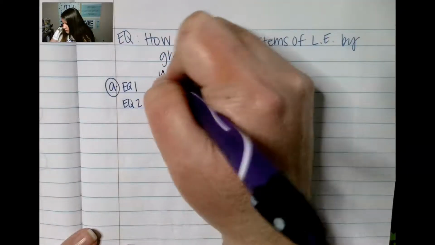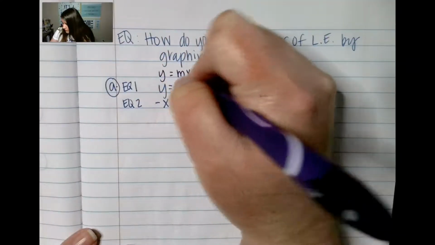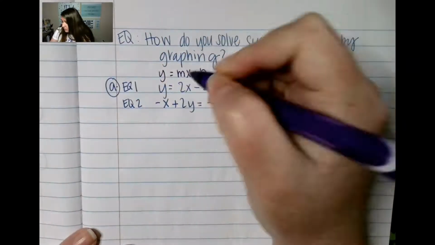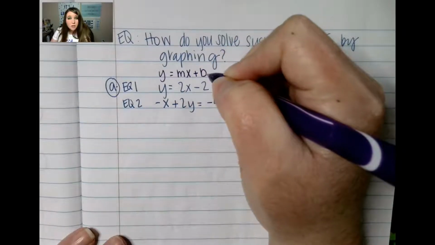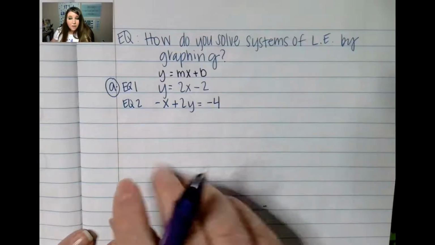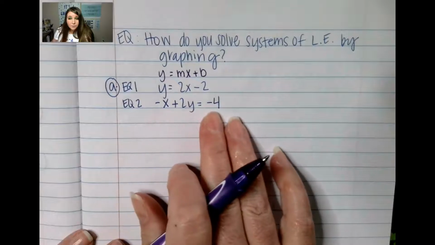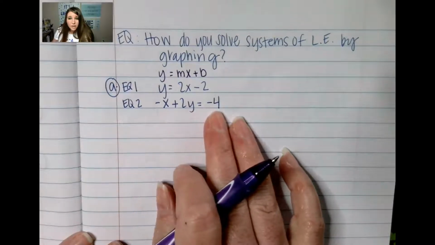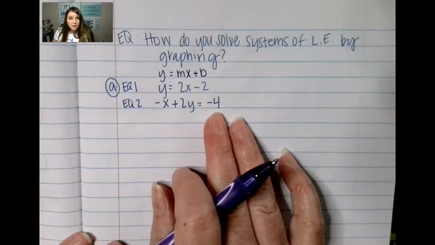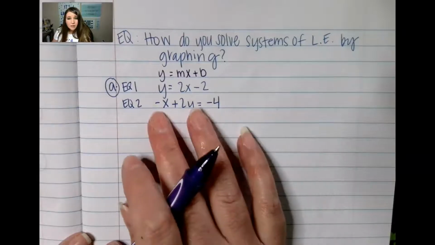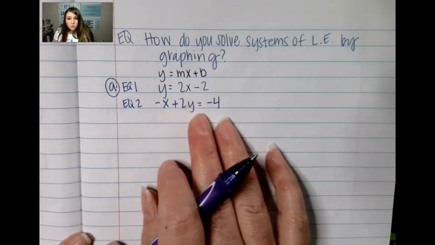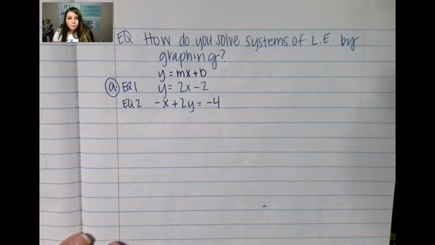We want them in y equals mx plus b because we know we need a slope and we need the first dot on the graph. This equation here is not in y equals mx plus b. Instead, this one right here is in negative x plus 2y equals negative 4.